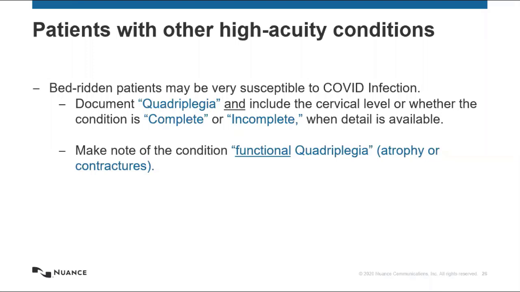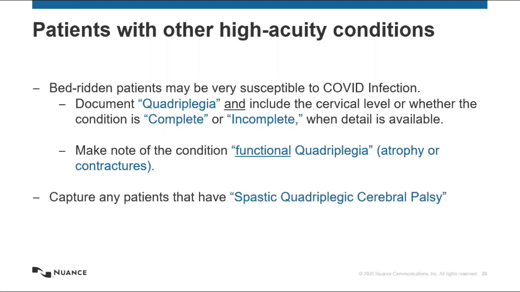This might be seen in a large number of dementia patients. It's not a neurologic quadriplegia, it is a functional quadriplegia, and it matters a great deal for capturing acuity. Also, you may have patients that have a spastic quadriplegic cerebral palsy. This term also carries significant acuity.